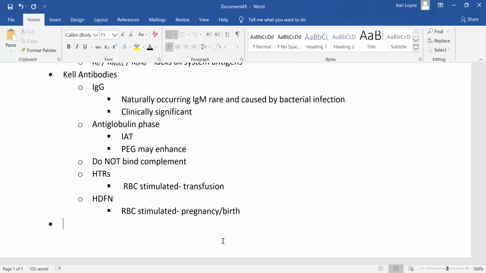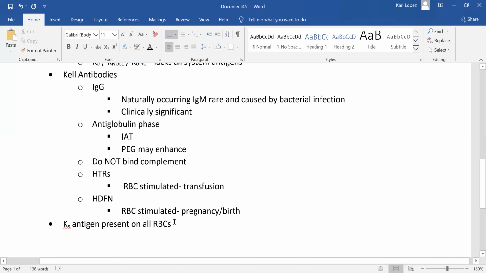Next one I'm going to talk about is KX. Now, KX antigen is present on all red blood cells, with an exception. Do y'all know the exception? Well, I guess y'all haven't gone over this yet, so you don't.